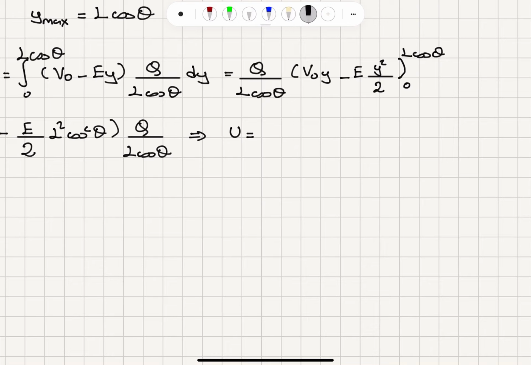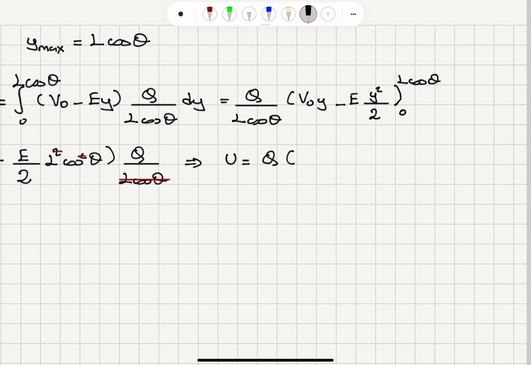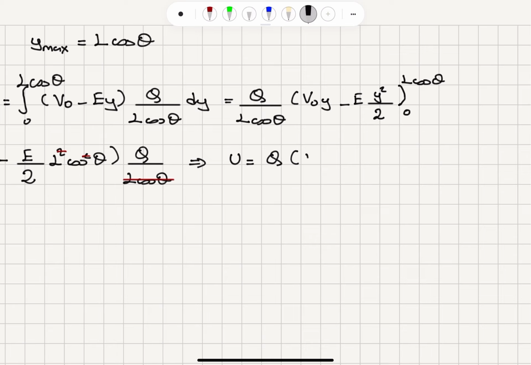Because of a cancellation of capital L cosine thetas, U is equal to capital Q times V0 minus E over 2 capital L cosine theta.